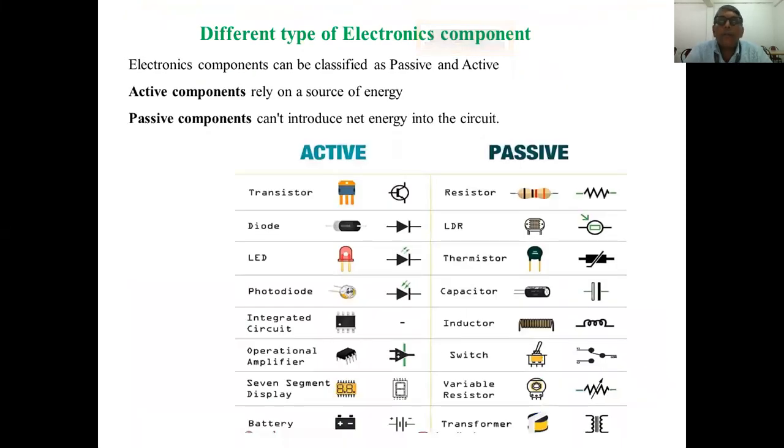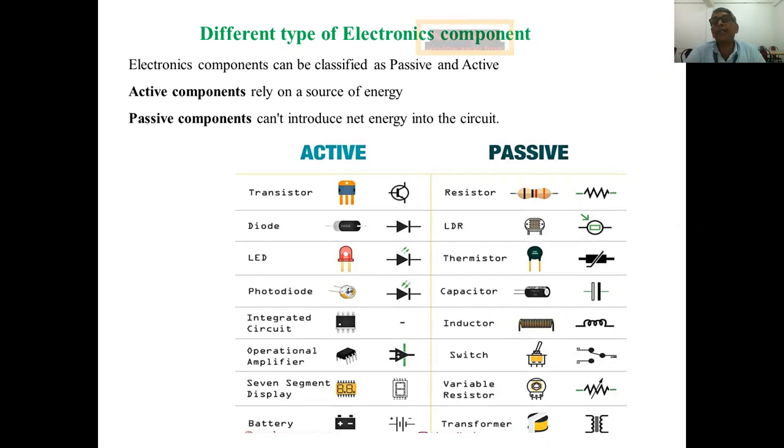Coming to these electronic components, we have broadly classified them into 2 types: one is called passive components, another is active components. As the name suggests, passive components are those which do not give out any energy; they consume energy but do not generate it. In another way, we can say their function is the same in all electronic circuits.